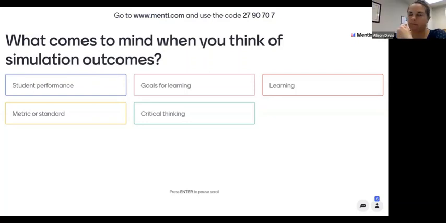You have to go to Chrome or Edge and go to menti.com. You can use your phone as well, that's easier. Use that QR code that was up there, or just enter the code that you see on the top of the screen in the PowerPoint right now, 2790707.